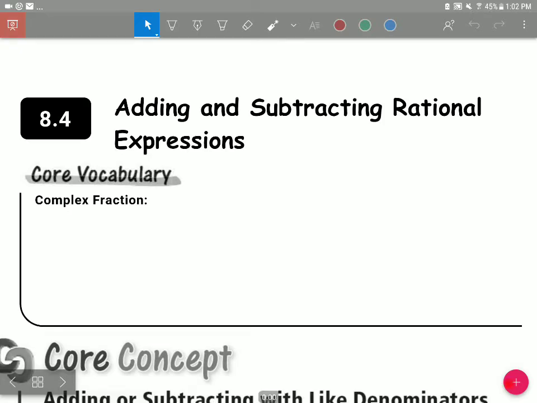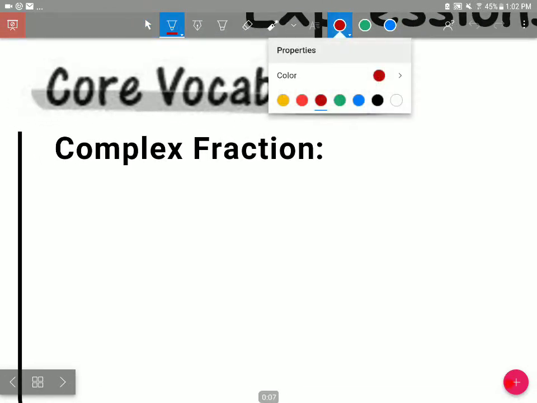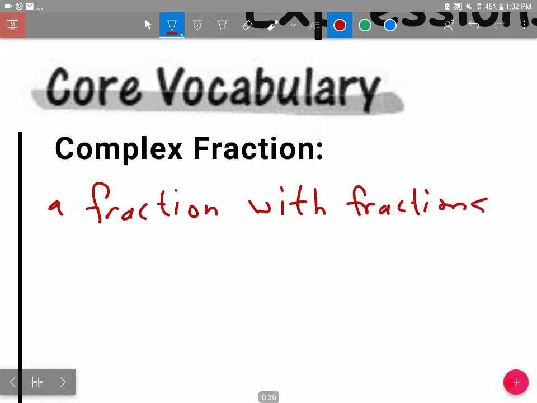All right, so with adding and subtracting rational expressions, first things first, a complex fraction. It's a little weirder than that. It's a fraction with fractions in the numerator and the denominator.